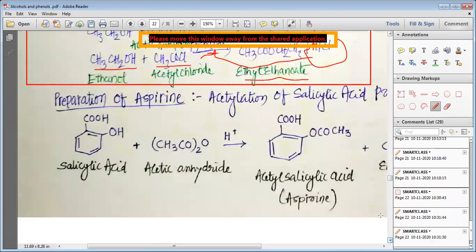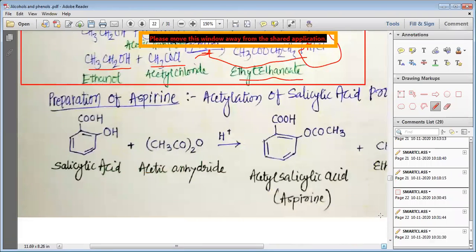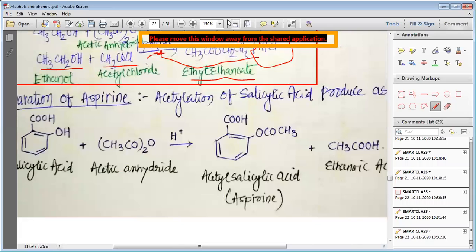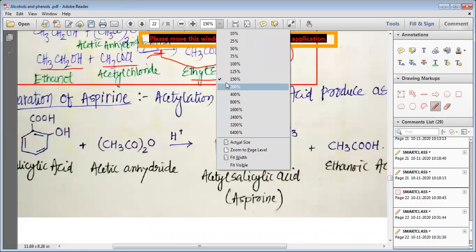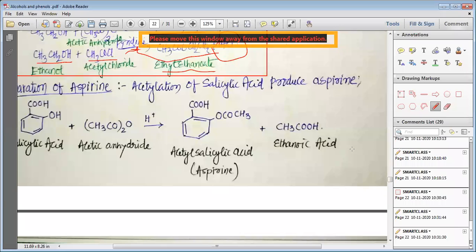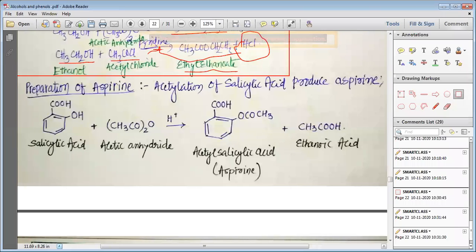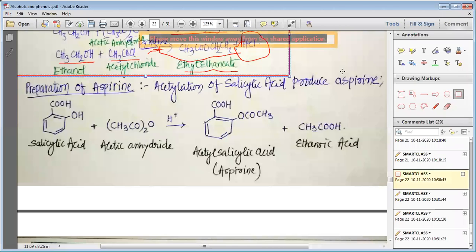Now this is again one very important reaction that we are going to study here. This is again a very important example of esterification reaction. This very important example is the preparation of aspirin.